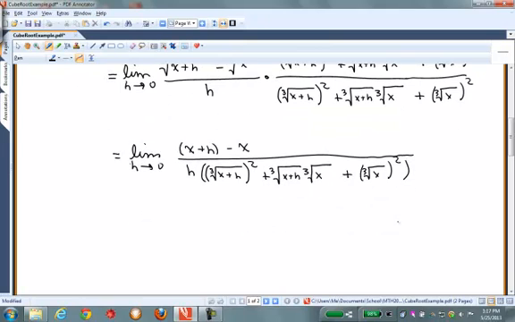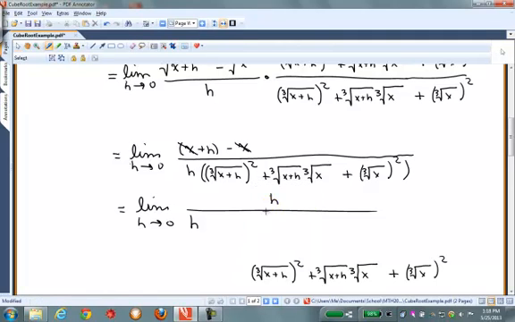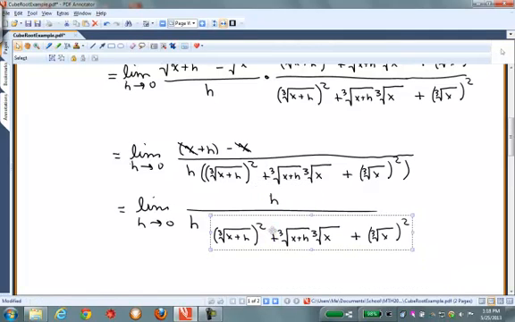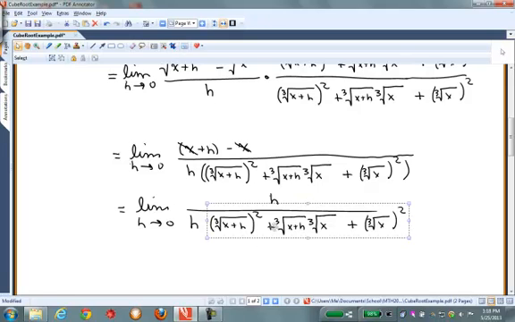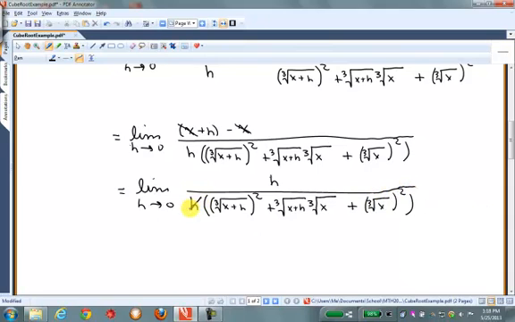Okay, now of course the x's subtract off here, and I'm simply left with the limit as h approaches 0 of h over h times this expression. Okay. Well, now the h's cancel, and I'm left with 1 over this expression.